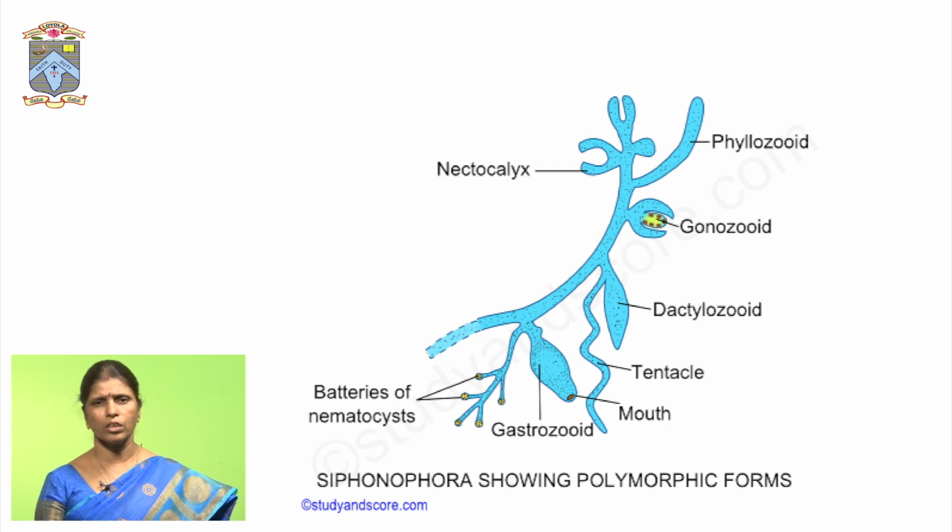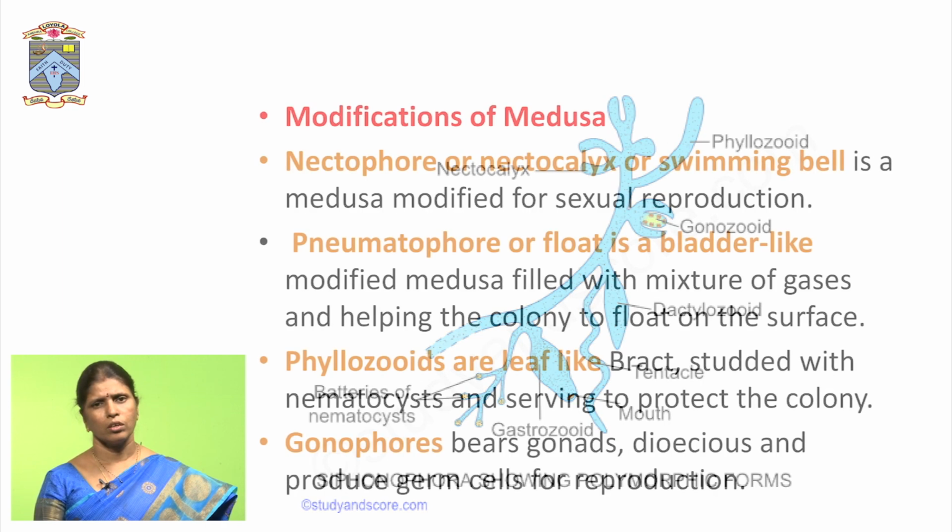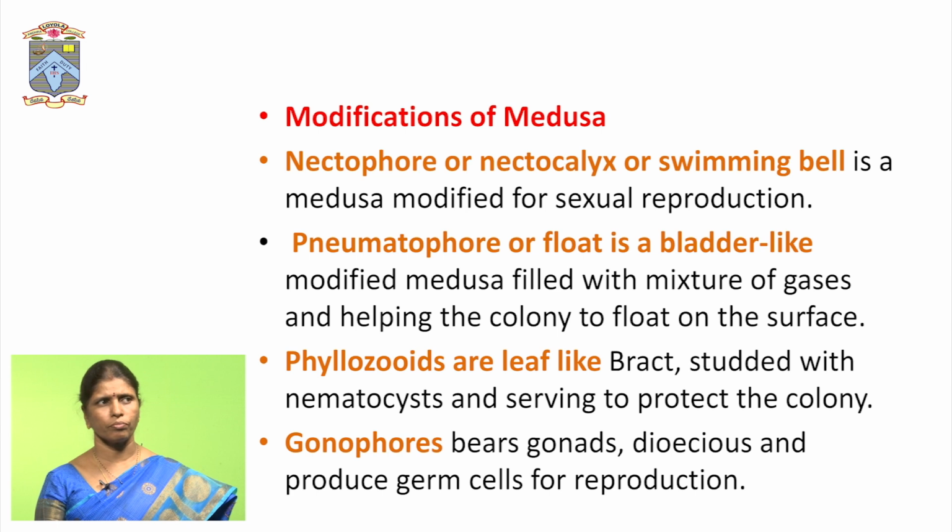Now let us see the modifications of the second form, medusae. Medusae is the plural, medusa the singular. Nectophore, also called nectocalyx, is mainly meant for swimming, which is why they are called swimming bells. Their main purpose is also reproduction.